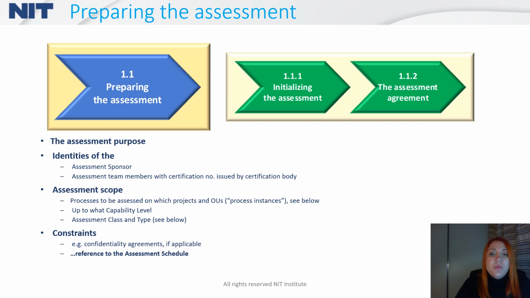Also, we need to know what is the assessment scope. For example, the type of assessment, the class that we talked about, the type, the highest capability level that we want to reach, and how many process instances will be under assessment. This is related to the initialization of the assessment.